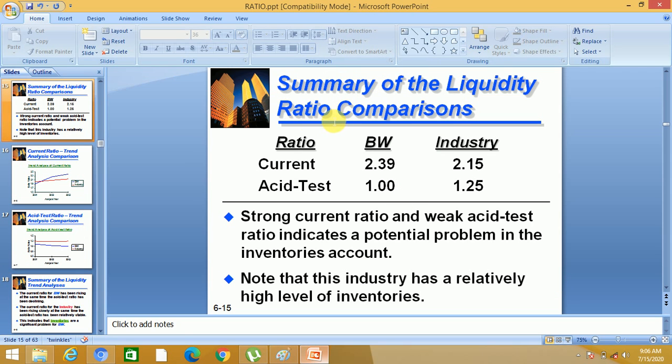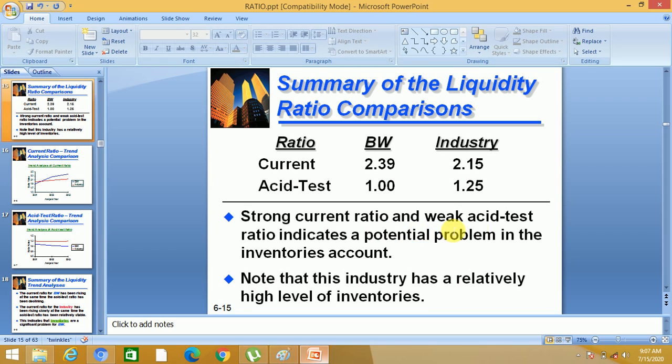Summary of the liquidity ratio comparisons: current ratio and then acid test. Current ratio is 2.39, industry is 2.15. Acid test ratio is 1, industry is 1.25. In current we are above, in quick we are below.